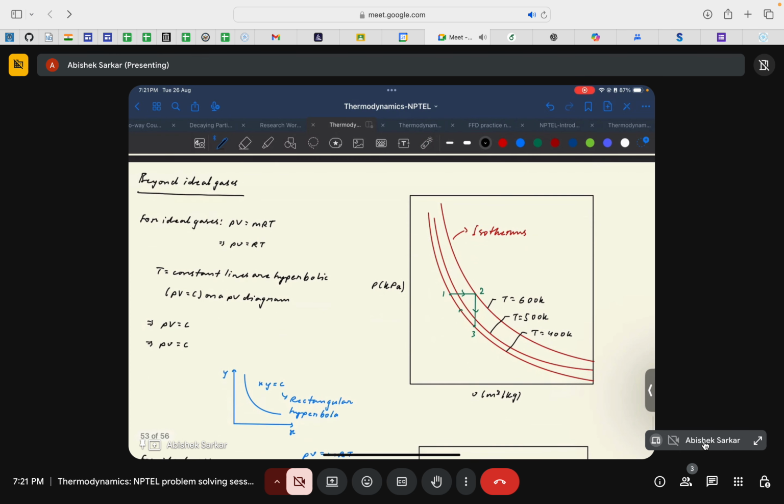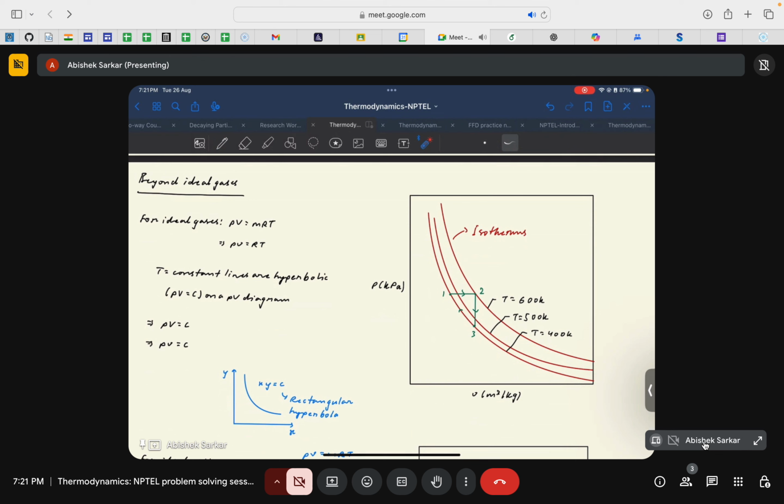Now, if we consider an isothermal process, that is a constant temperature process, then all the terms on the right hand side, R and T, become constant, because R is itself a constant for a particular gas, and T is constant for an isothermal process.